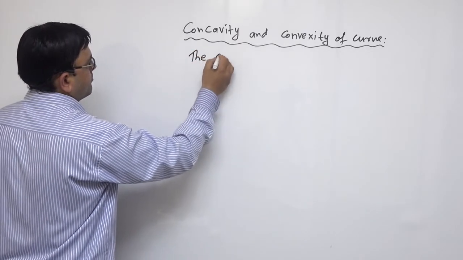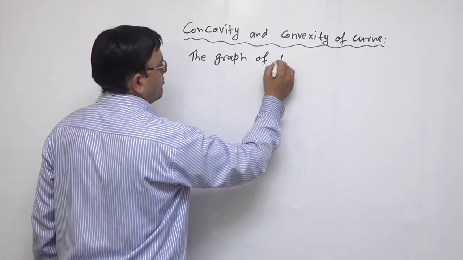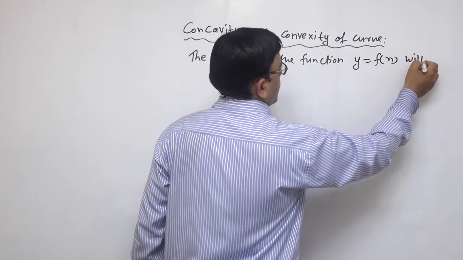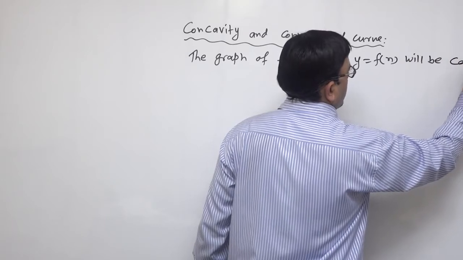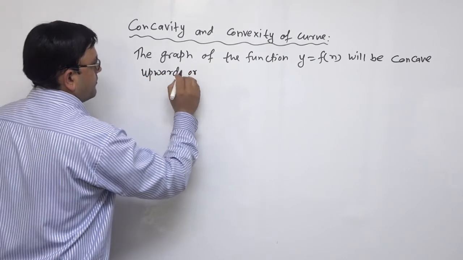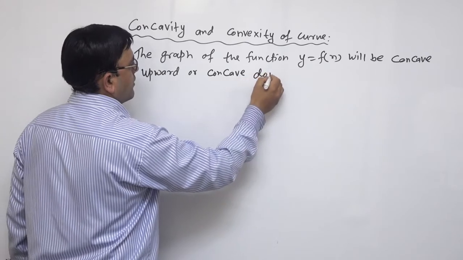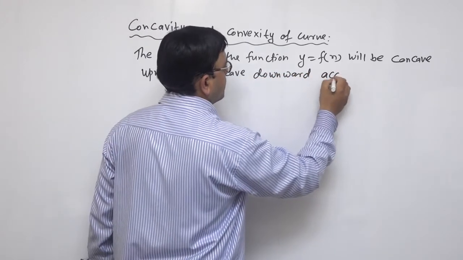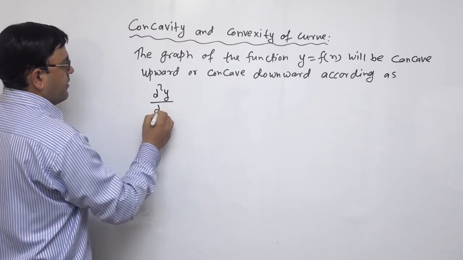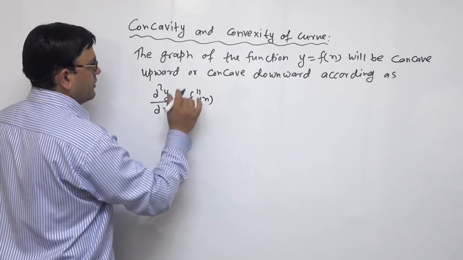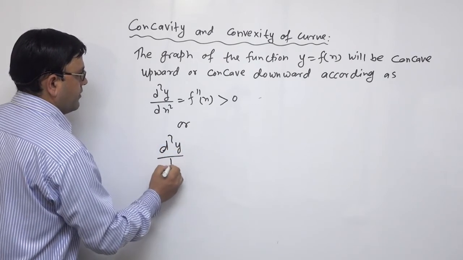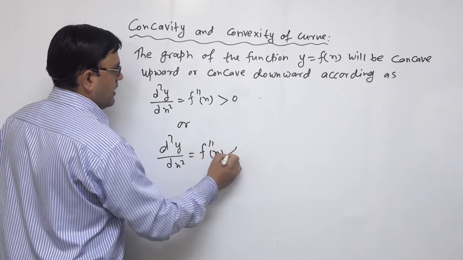The graph of the function y is equal to f(x) will be concave upward or concave downward according as d square y by dx square, यो भनेको second derivative हो, is greater than 0, or d square y by dx square is equal to f double dash x less than 0.